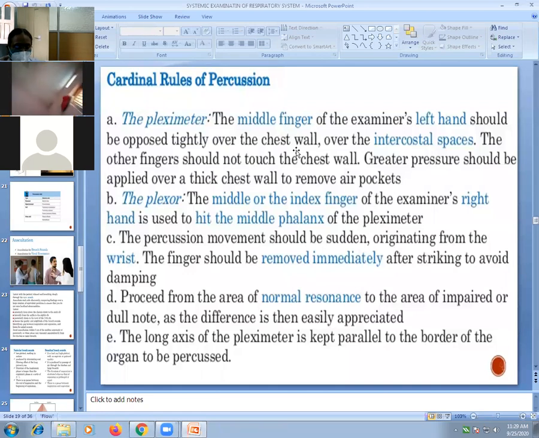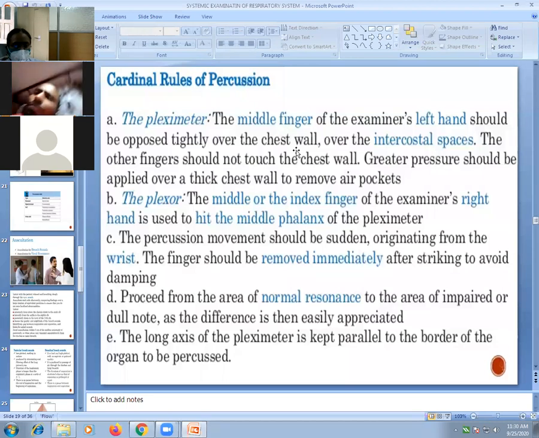So you can differentiate. There are three types of notes: resonant note, dull note, stony dull note. Now, how to differentiate dull, stony dull, and resonant? If you tap over the soft tissue, it is dull note.